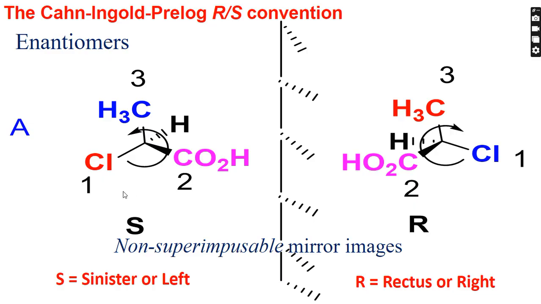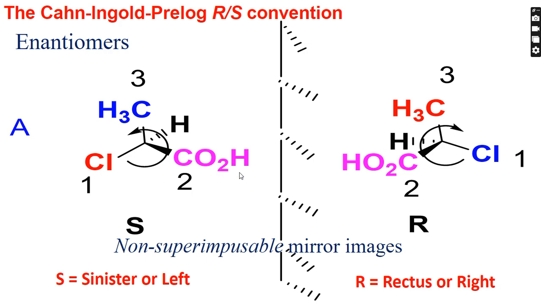The rule is based on atomic number. The group whose atom has the higher atomic number, and then the subsequent atoms, gets the priority. In this case, chlorine has a higher atomic number than carbon and hydrogen. After chlorine, number 2 will be CO2H.